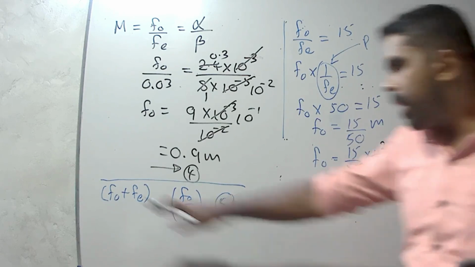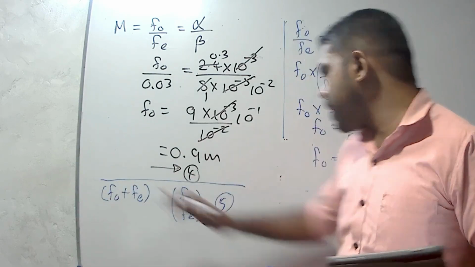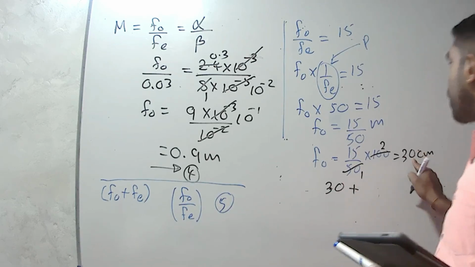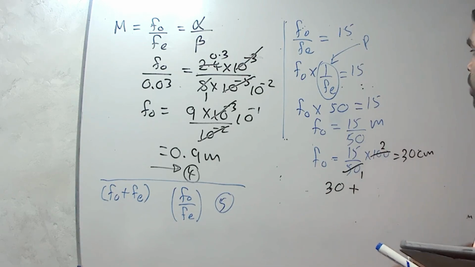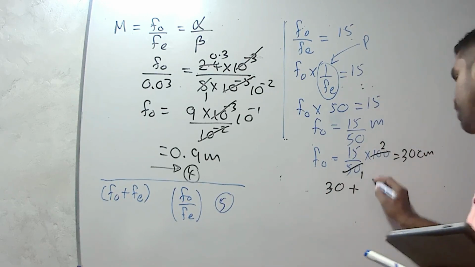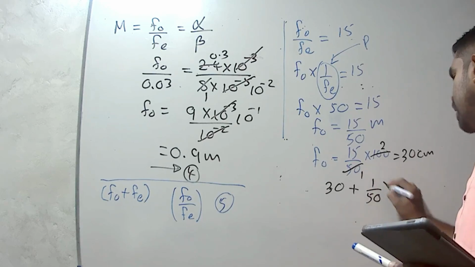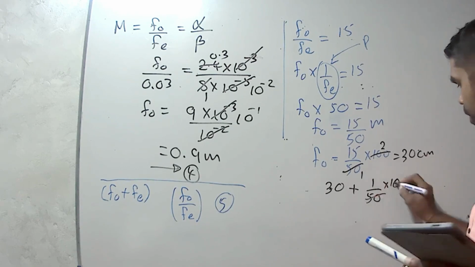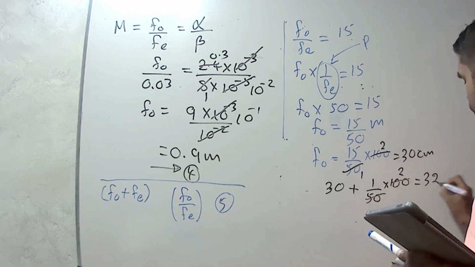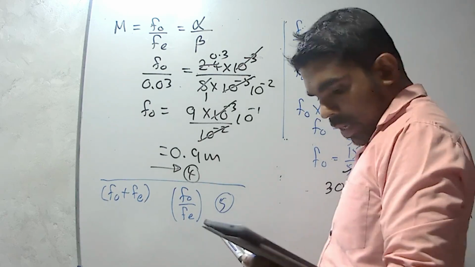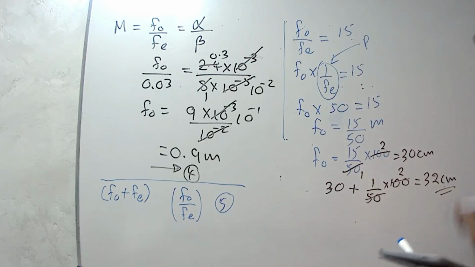And we know that length of the instrument is f naught plus fe. Then length of the instrument is f naught, 30, plus fe value, 1 over 50 meters, this value in centimeters, 2. Then 32 centimeters. We can get the correct answer is fourth one.